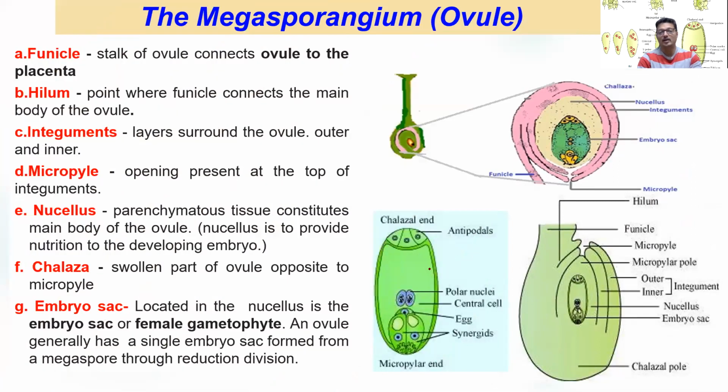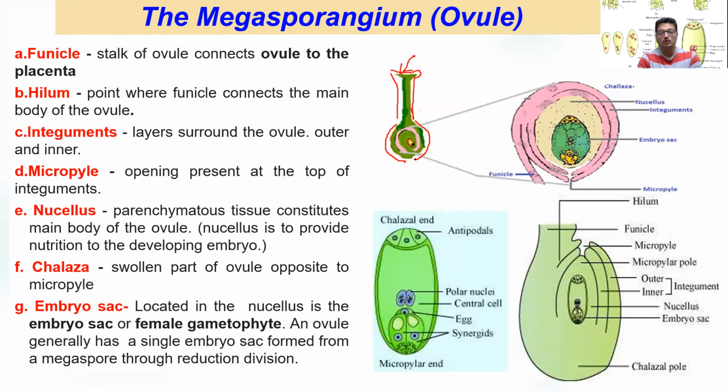If you have a look at the megasporangium, grossly, in your class 10th, you have read about this. The pistil has got three parts. Stigma, which is the landing platform for the pollen, the narrow tubular part called as style, and then the elongated extended base called as ovary, which contains ovule.